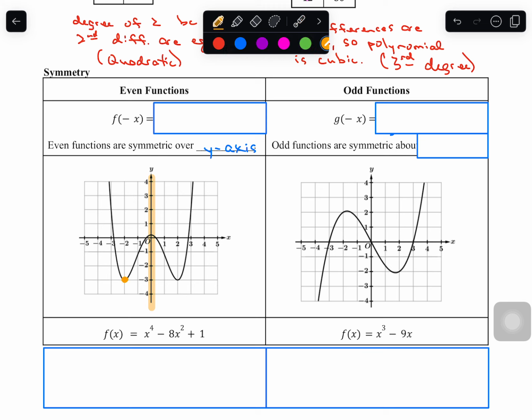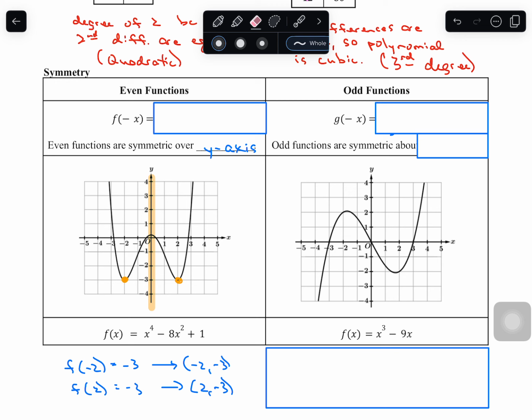If those two turn out to be the exact same output values, like I have here in these two ordered pairs, (-2, -3) and (2, -3), then we can say that this function would be even. Now, the fancy way of saying that is that f of -x is the exact same thing as f of x. When I plug in opposite input values, I get the exact same thing out. I'm getting f of x or f of -x, they're both the same, so -3 and -3.